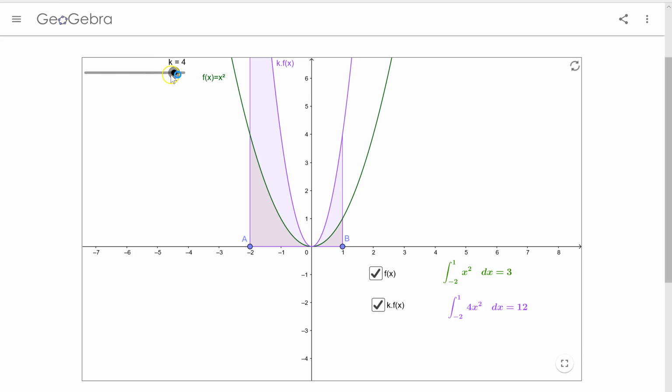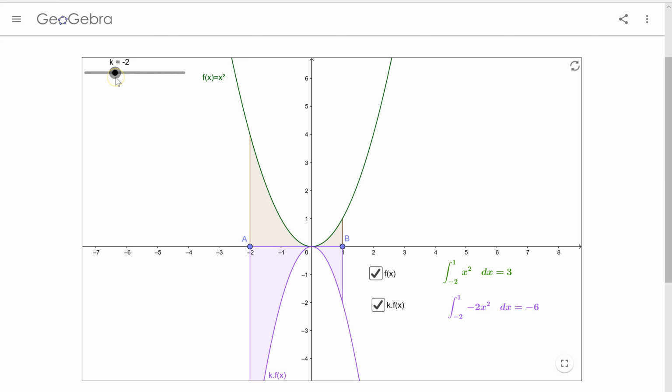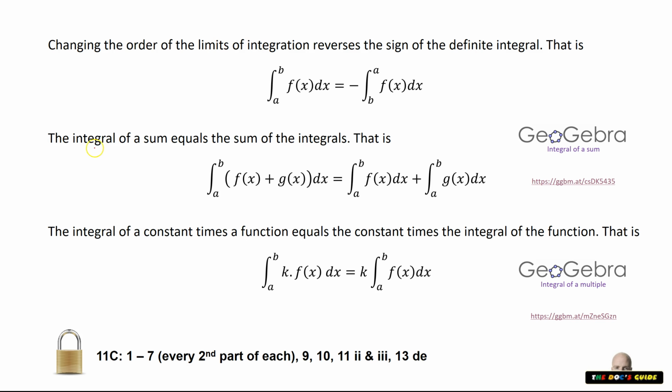K is 3, k is 12, down to negatives as well. So this is interesting, that we can multiply by a negative constant. The absolute value of our integral is going to be the product of the constant times the area under the curve. So back to our notes.